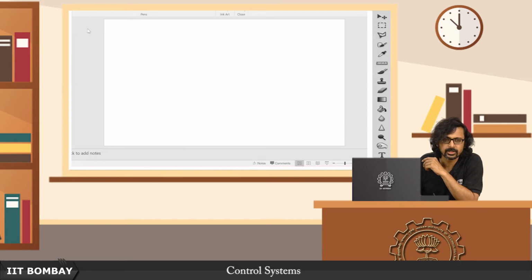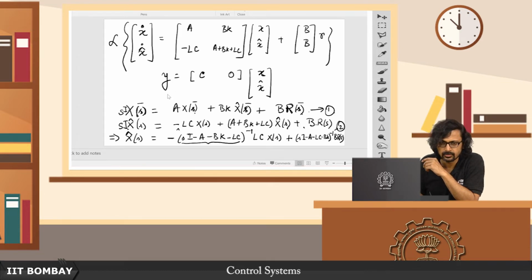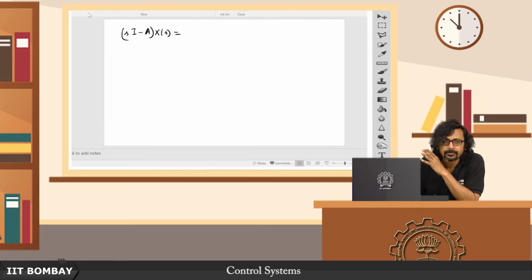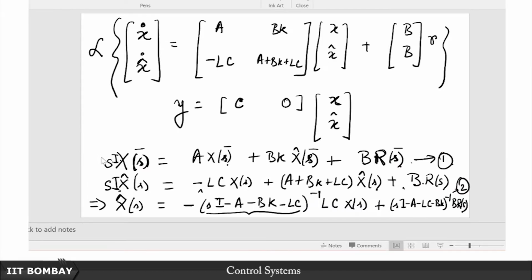So in the first equation, let me simplify that. The first equation is (sI minus A) times x is equal to, let me go a little slow, BK times x hat. So I will get rid of this argument in terms of s. When I write this capitalized X and X hat, you understand that these are the transform domain variables.